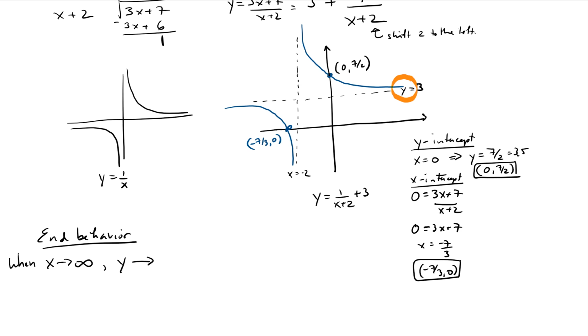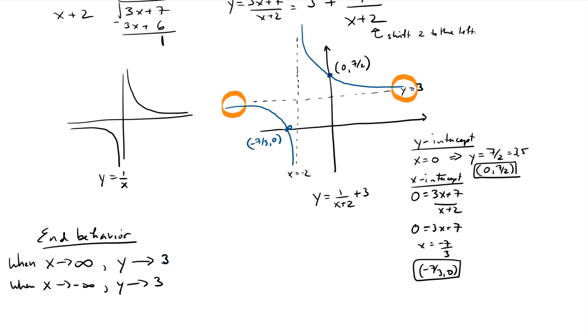The y values on the curve get close to the y value on the horizontal line y equals 3, so it's going to approach 3. And when x goes to minus infinity, again we're going to be approaching 3.